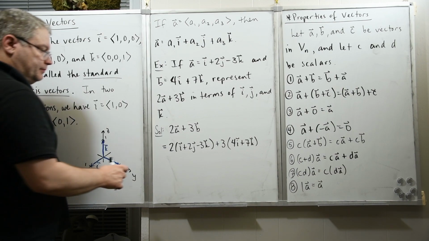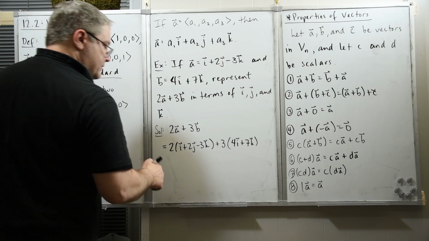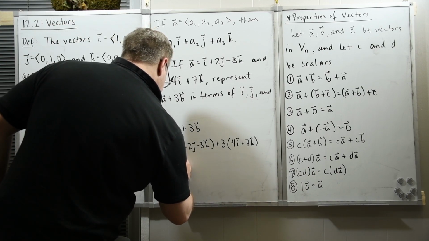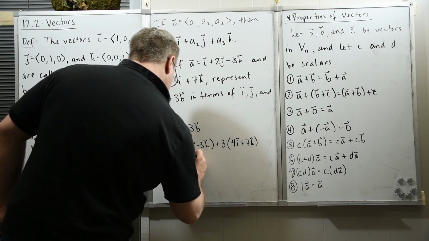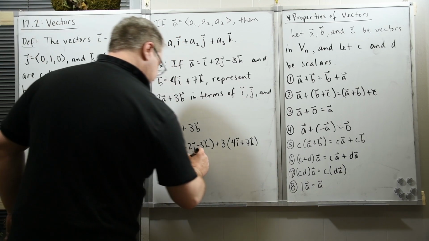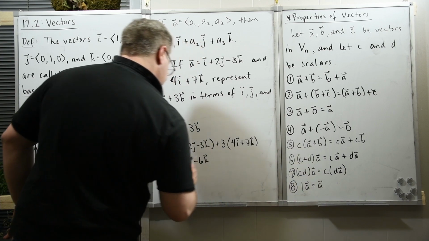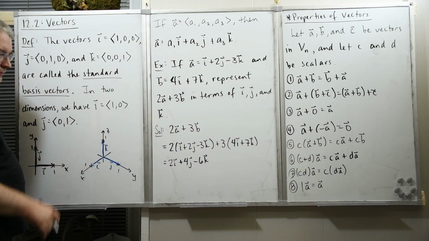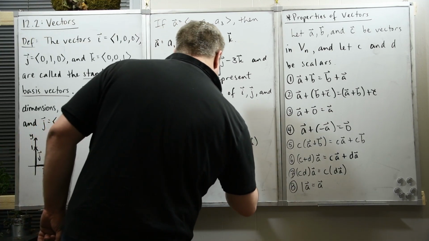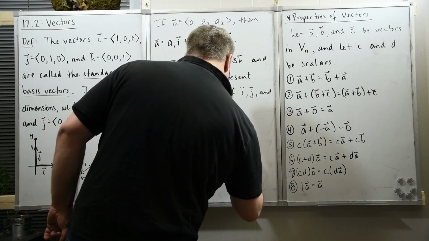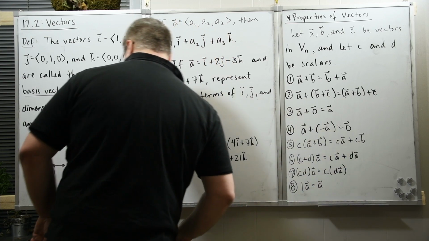Now, if we take 2 times I plus 2j minus 3k, that's the same thing as 2 times I plus 4 times j minus 6 times k. And then we're adding 3 times 4i plus 7k, which means we're adding 12i plus 21k.